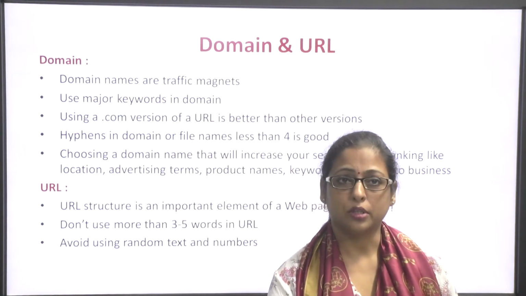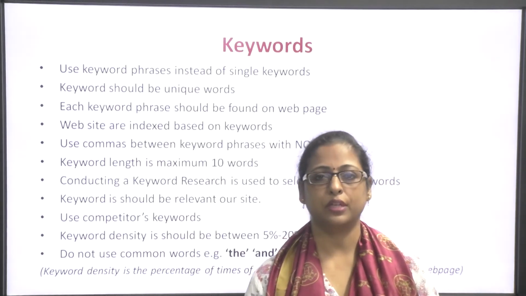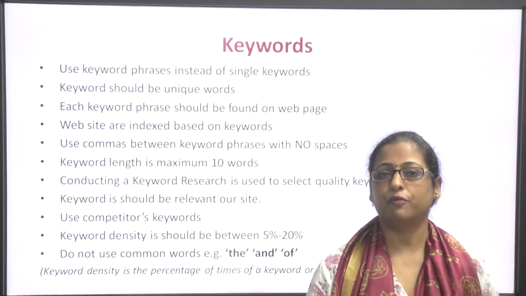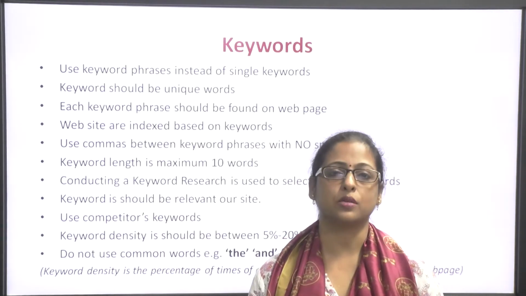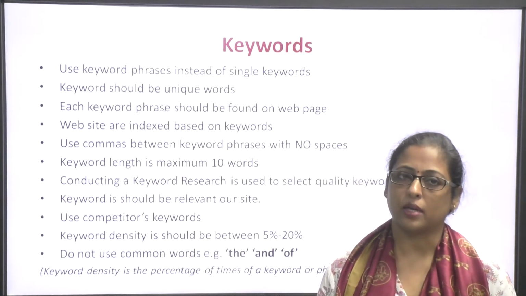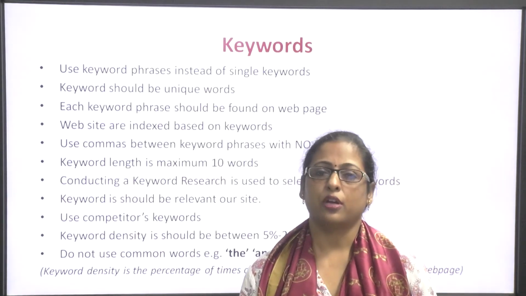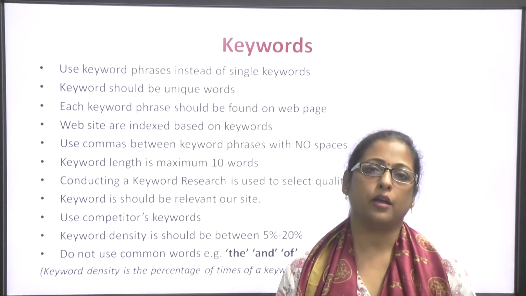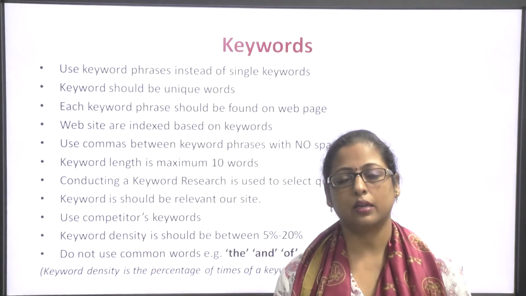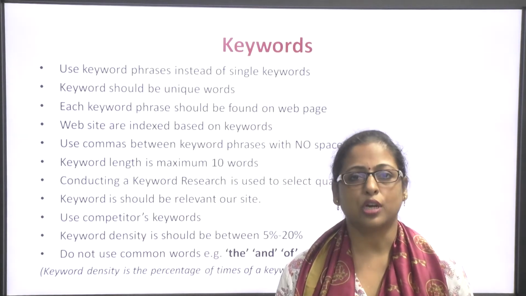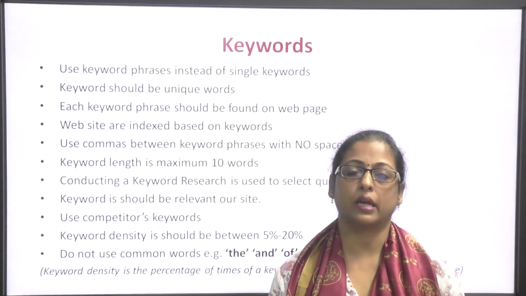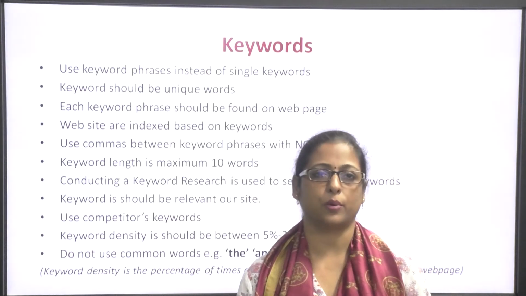Now, proceeding further, we have keywords. Keywords are a very important part of SEO techniques. This is something we must take care of, and if you avoid it, then there are very minuscule chances of achieving your search engine optimization.